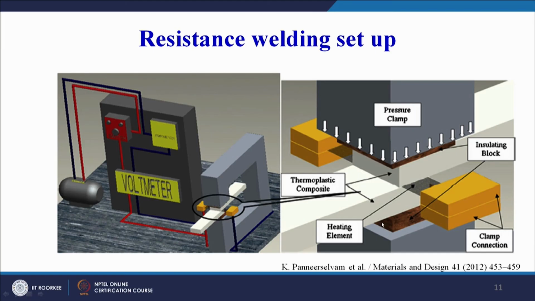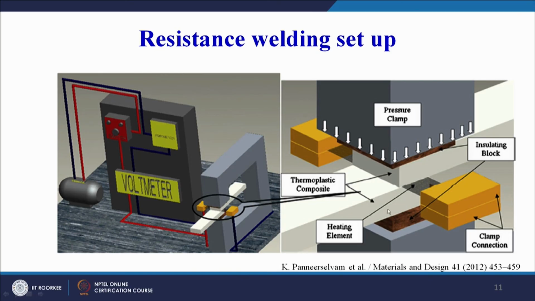So here we can see an enlarged view. This is a thermoplastic composite, the top. This is the second thermoplastic composite layer, and then this is the heating element, this gray color. You can focus on the arrow. This gray heating element will provide heat between the two mating parts of the thermoplastic composite.